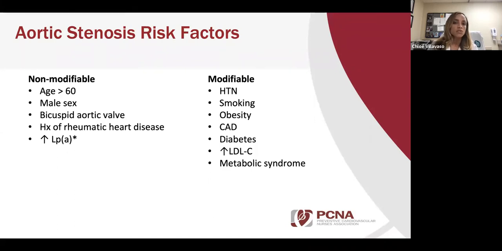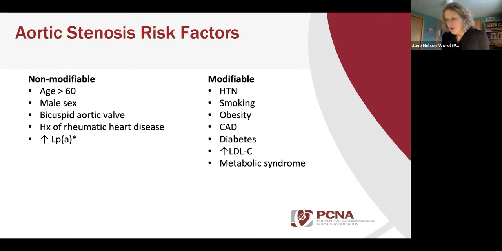There are some trials underway right now, so hopefully in the future we will have medications that can treat Lp(a) and reduce the risk of atherosclerosis and also aortic stenosis. Modifiable risk factors include hypertension, smoking, obesity, coronary artery disease, diabetes, elevated LDL-C, and metabolic syndrome.